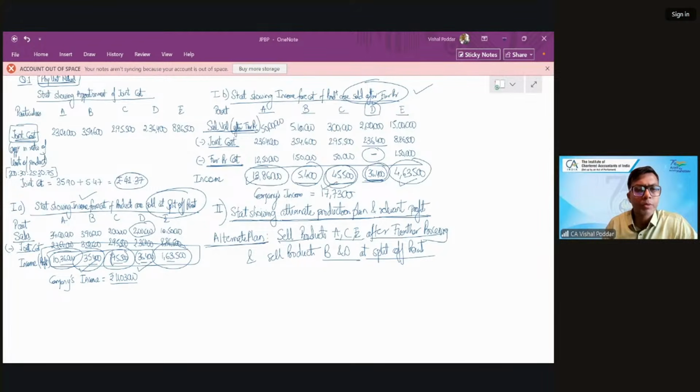But also further processing cost is given. Now, what is cost? Is cost units? Yes, correct.